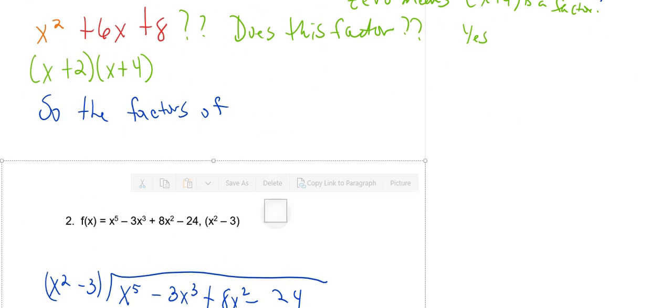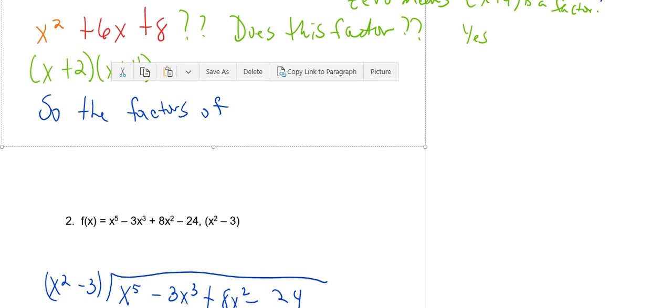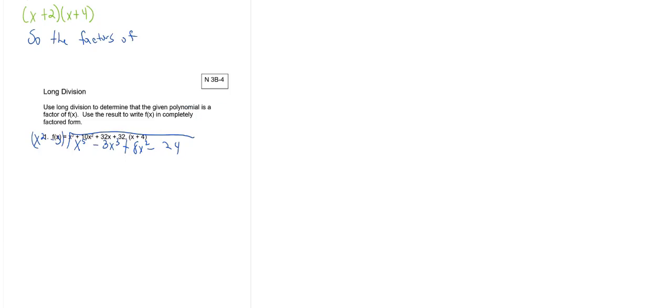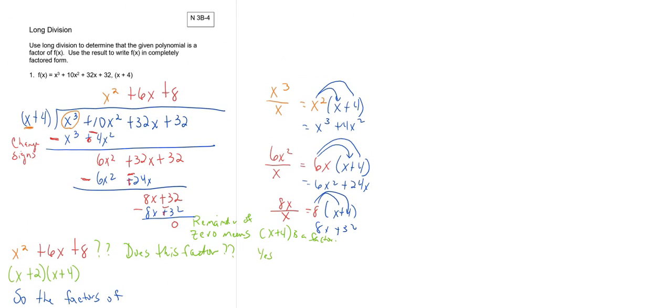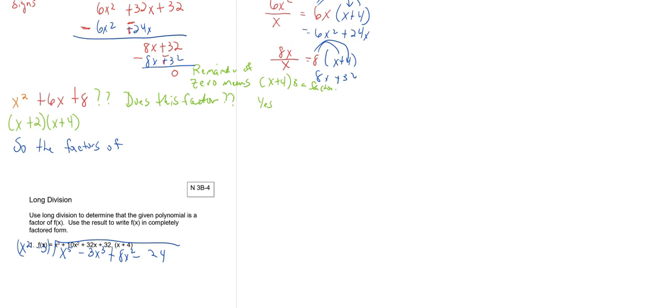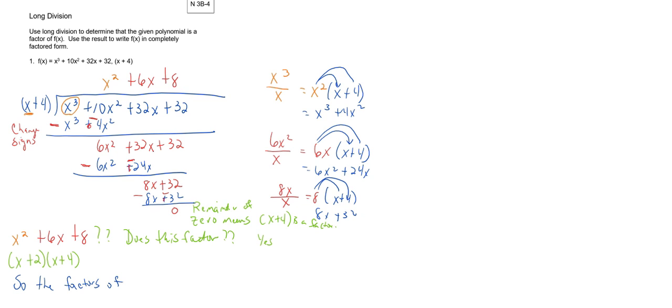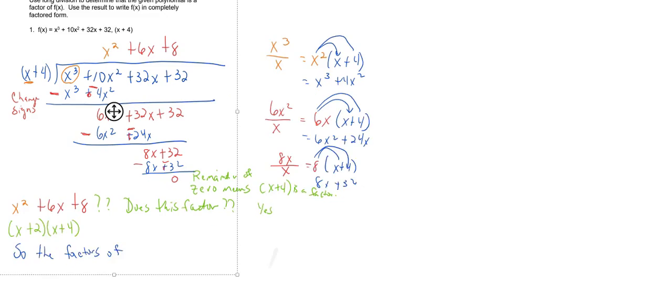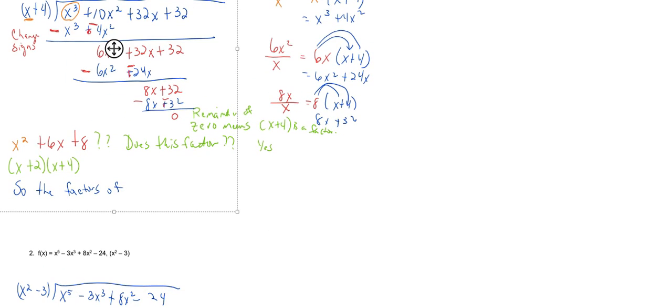We'll copy it down here so I don't have to rewrite it. Technology when it works. It wants to make it too big, so I'm going to have to rewrite it. So we're going to write it down here real quick.